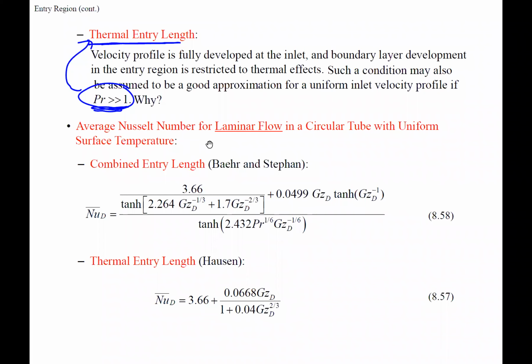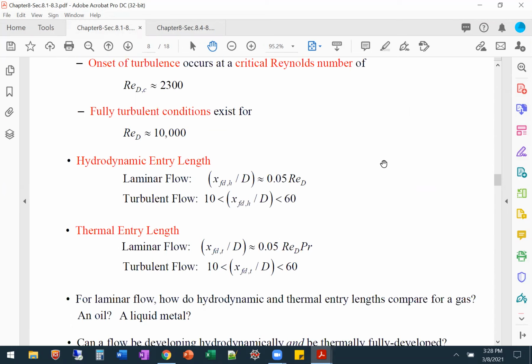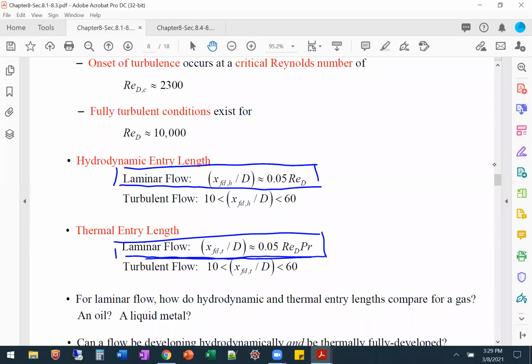So let's go back. This will maybe help. So if we're here, and so we're just looking at the laminar condition to keep it simple. If we have a Prandtl number much greater than 1, right?